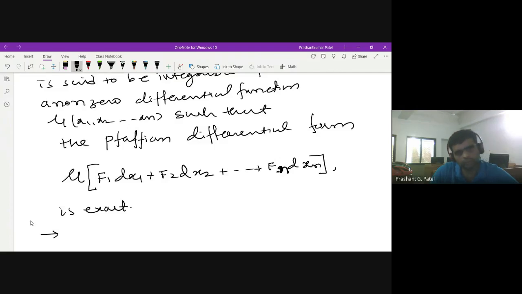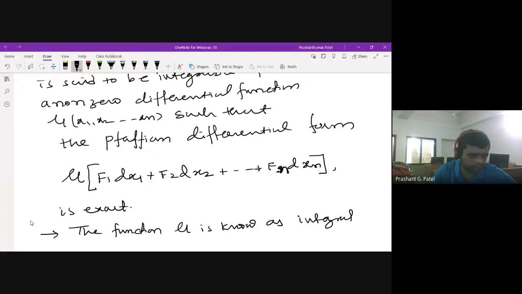The function mu is known as the integrating factor.